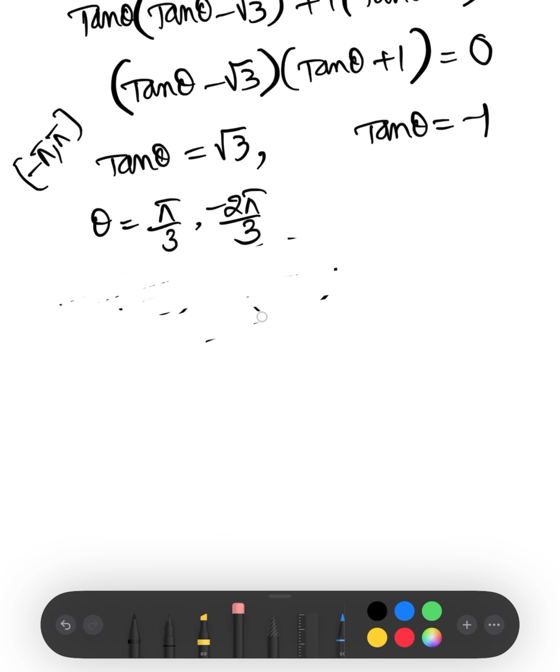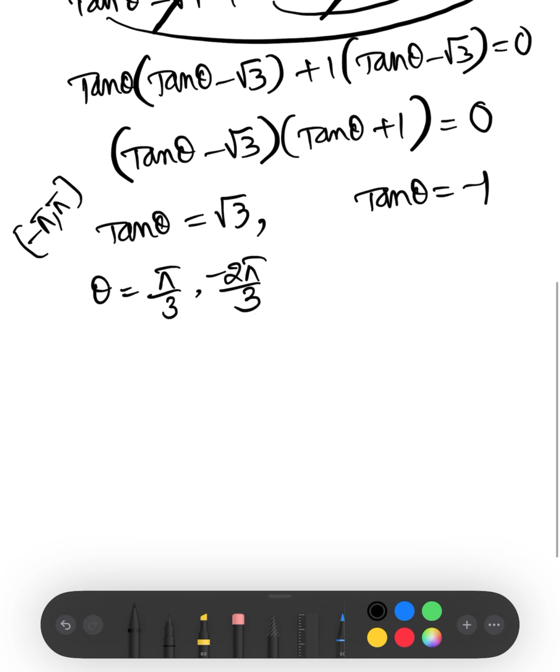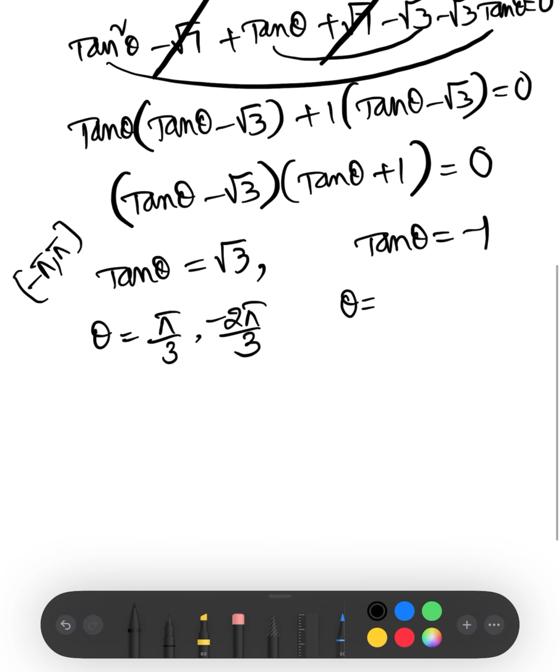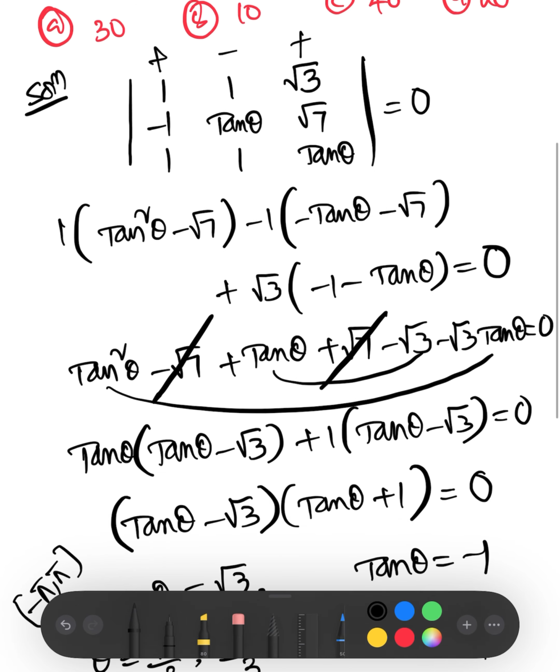Okay, now move on to the next value, tan theta equal to minus 1. In case of tan theta equal to minus 1, theta equals minus pi by 4, one of the best answers, and we know that tan of 3 pi by 4, 135 degrees, is minus 1. Now here are the four values of theta.